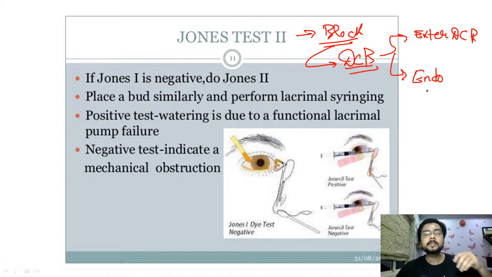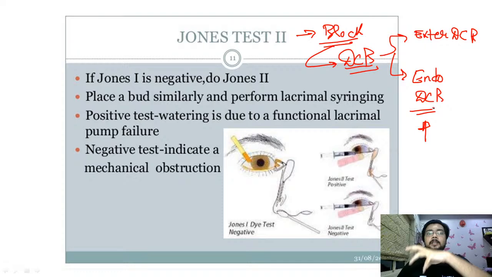Endo DCR means via the nasal route, via endoscopy, we do dacryocystorhinostomy. That means through the nasal route, with the help of an endoscope, without any external incision, we open the lacrimal sac so that whatever drainage is hampered, the lacrimal sac can drain into the nasal cavity.